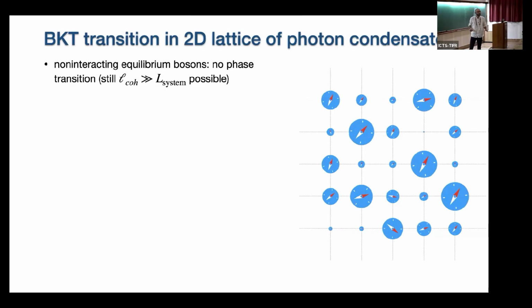The mapping of a complex field to a phasor model is only allowed when you have some argument why the amplitude mode is frozen out, why amplitude fluctuations are not important.